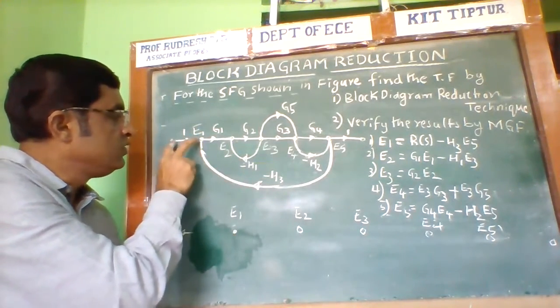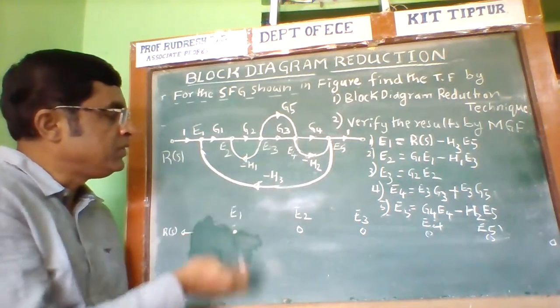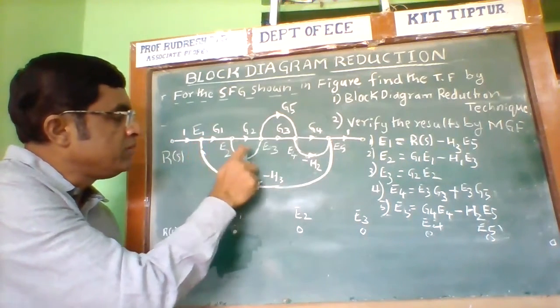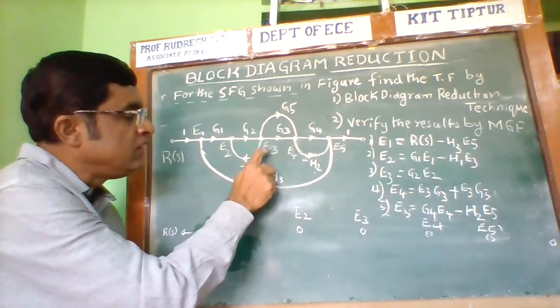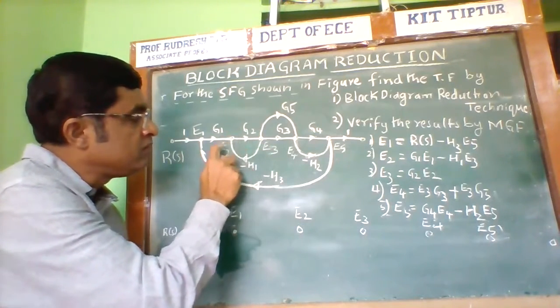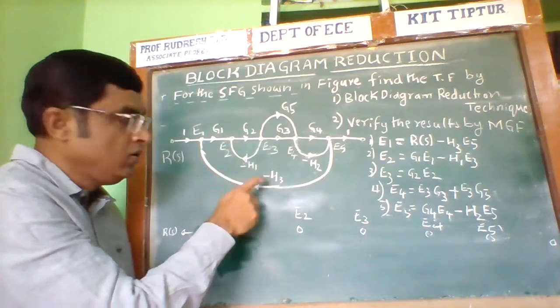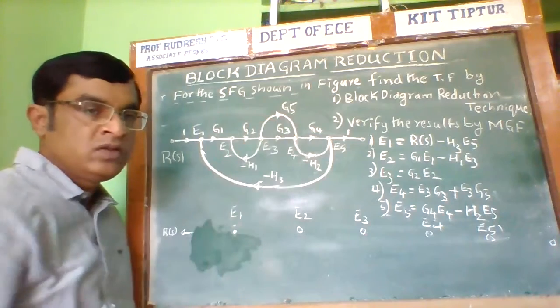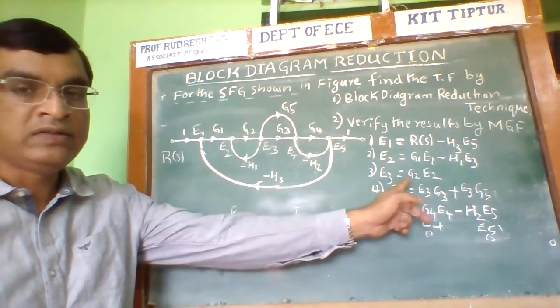This is an incoming branch, this is also an incoming branch. In E2, this is also incoming, this is also. Similarly at E3, these are incoming branches. E2 into G2 is an incoming signal, and this is an outgoing signal, which I did not consider.